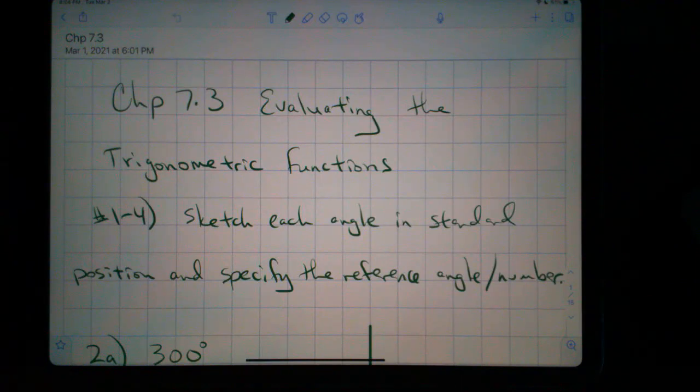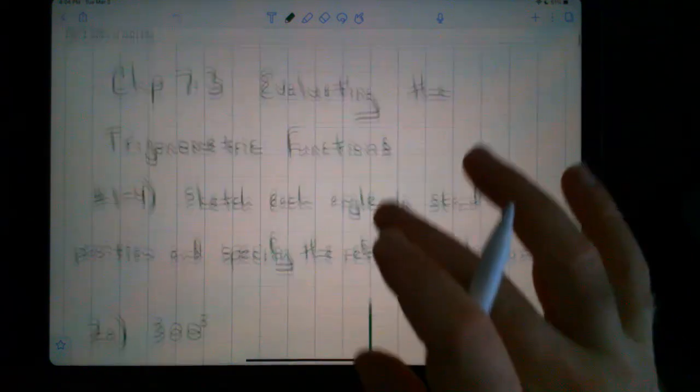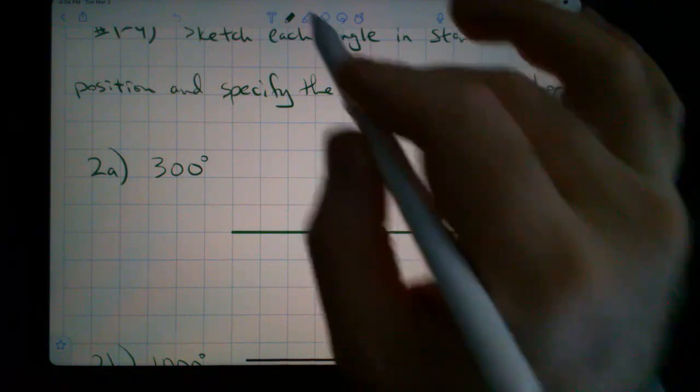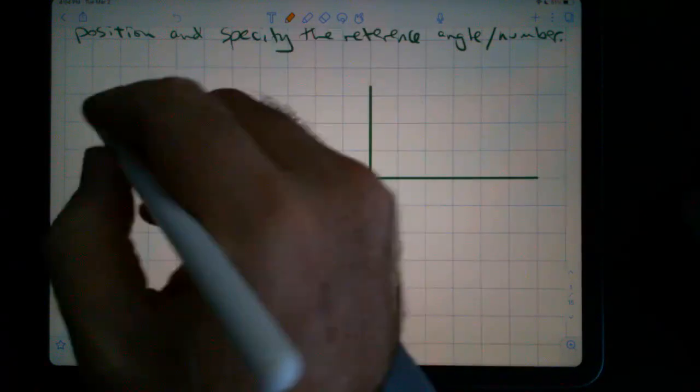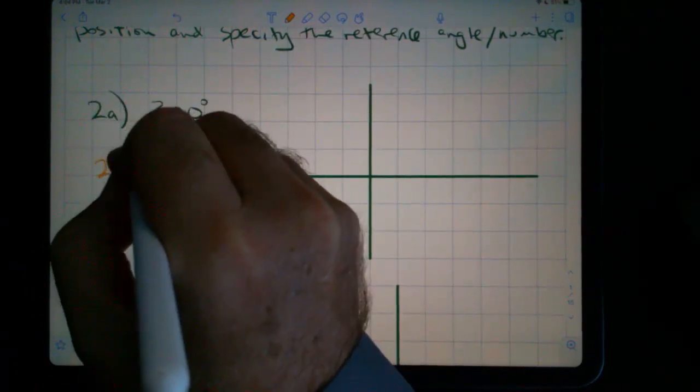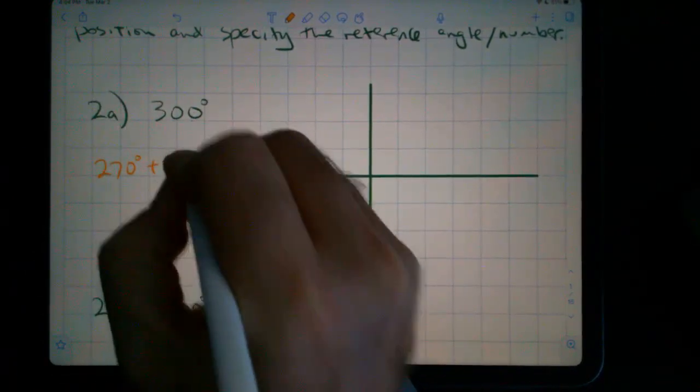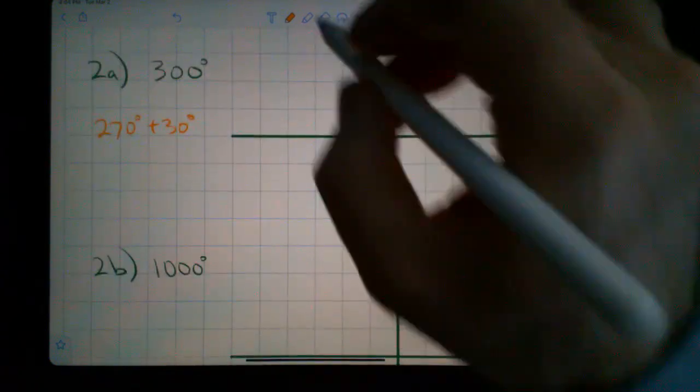So on 1 through 4, it says sketch the angle in standard position and specify the reference angle or reference number. Okay, so 300 degrees is going to be 270 plus 30.